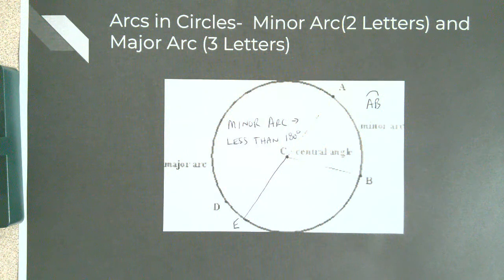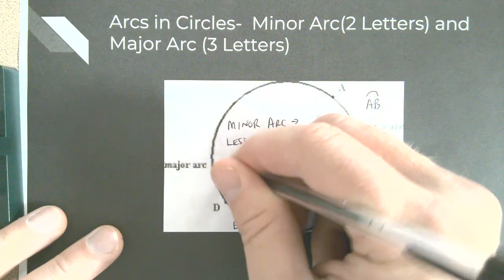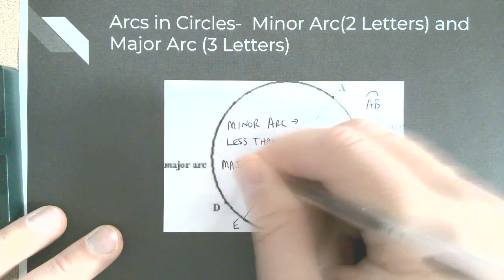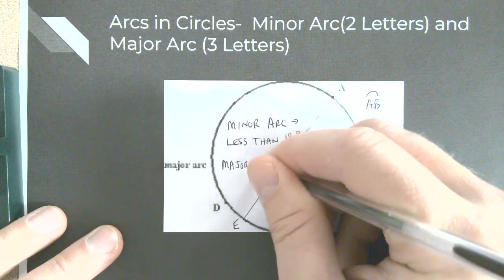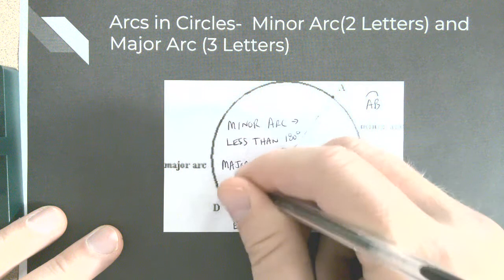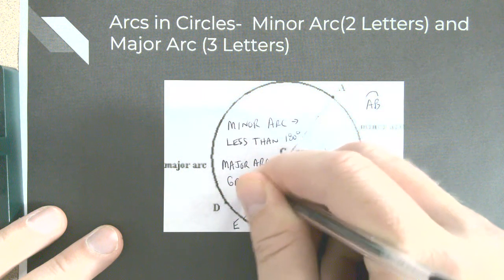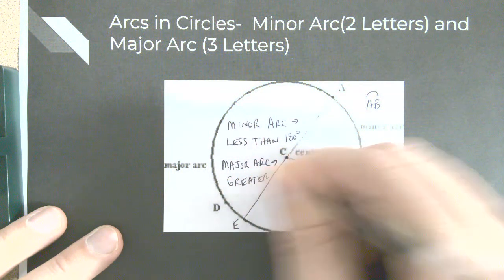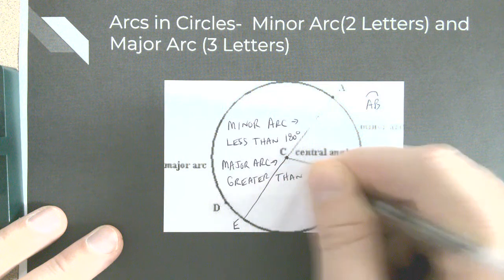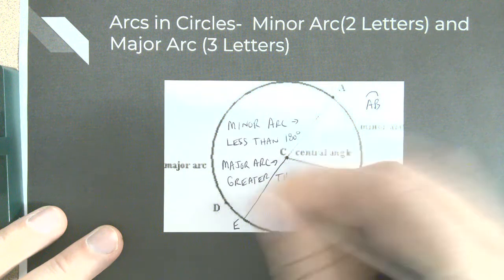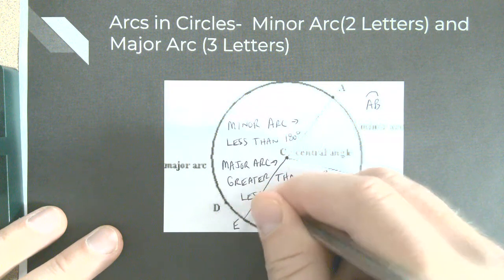We know all the way around is 360 degrees. Halfway around is 180. A major arc is going to be an arc that is greater than 180 and less than 360.